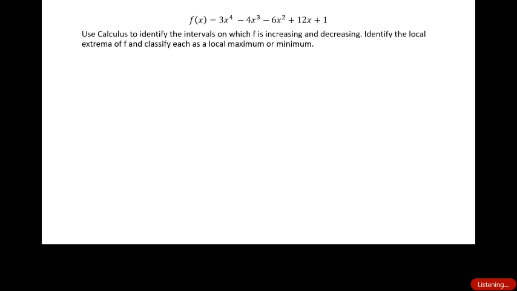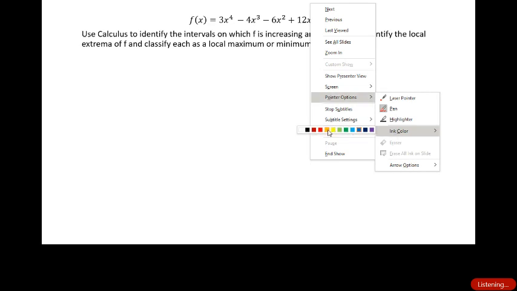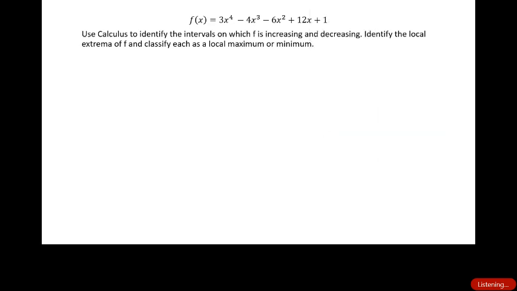So we're going to take this next one, and we're basically going to do the same thing. We're going to use calculus, using derivatives, to figure out the intervals on which f is increasing and decreasing. And at the same time, we're going to identify the local extrema, meaning we're going to figure out whether these critical points are minimums or maximums.